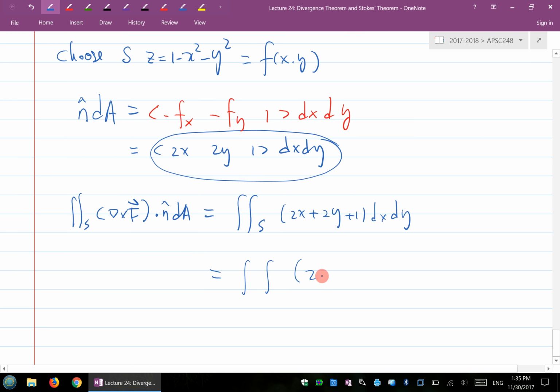Replace x with r cosine theta, replace y with r sine theta, and dx dy with r dr d theta. r goes from 0 to 1, theta goes from 0 to 2 pi. So it's a double integral problem, and you'll get a number here, which is pi. Okay. So that's just an illustration of how you can calculate a line integral using Stokes theorem here.